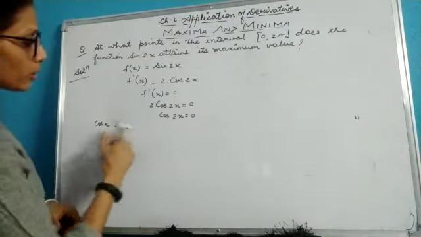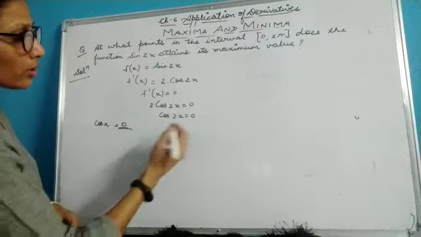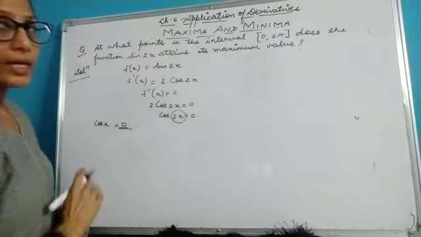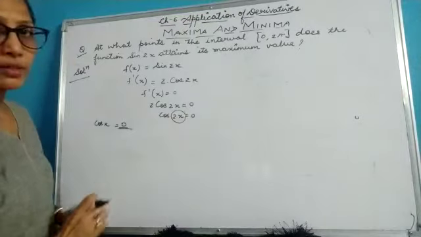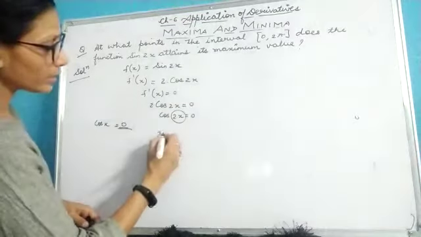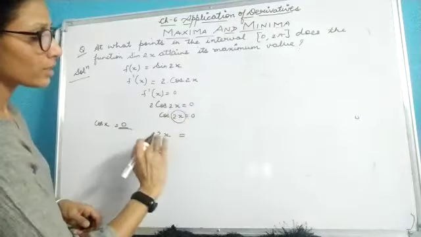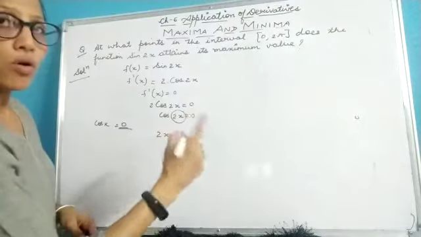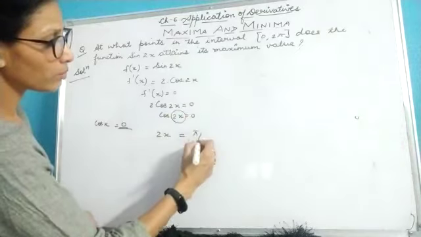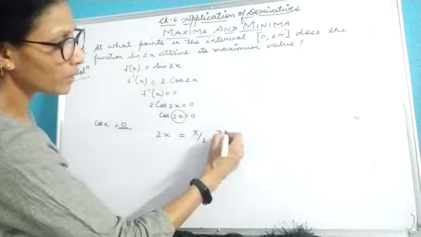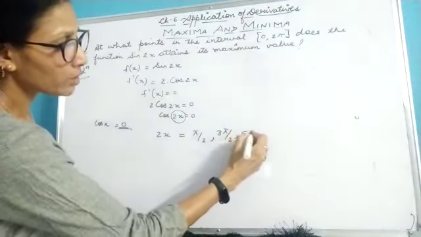If your angle is given to you as 2x, then cos 2x has value 0 at odd multiples of pi by 2. That means pi by 2, 3 pi by 2, 5 pi by 2.